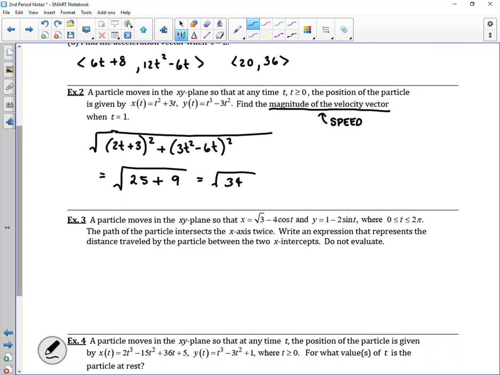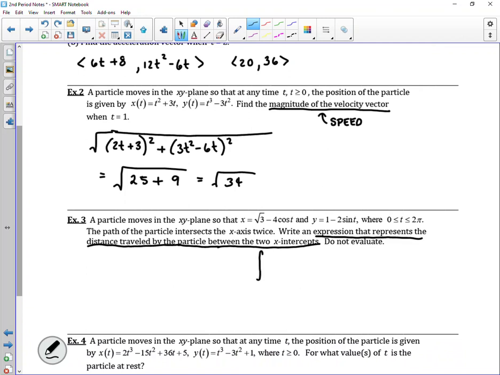Okay. Example 3 asks you to write an expression that represents the distance traveled by the particle between the two x-intercepts. So distance traveled for a parametric will be what? Arc length.